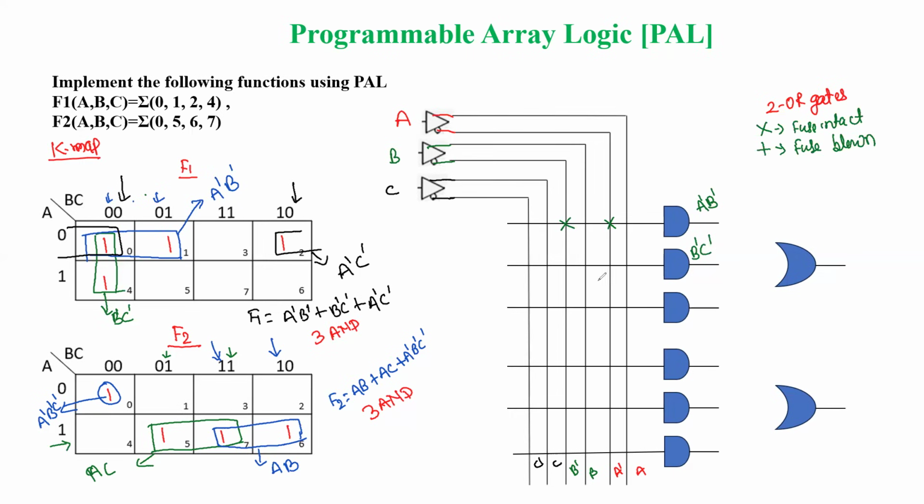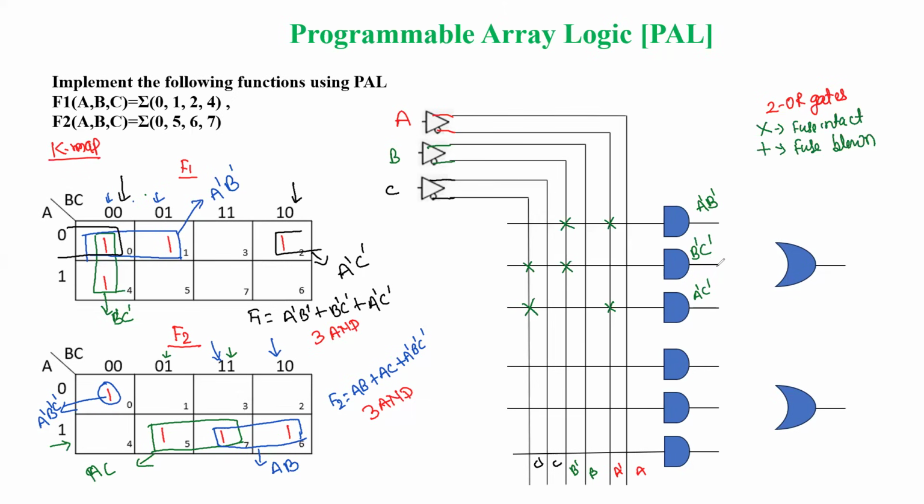So again for B dash we put the cross, and for C dash also we put the cross. The third product is A dash C dash. So for A dash there should be a cross here, and again for C dash there should be a cross. So now the three product terms of the first function have been implemented.